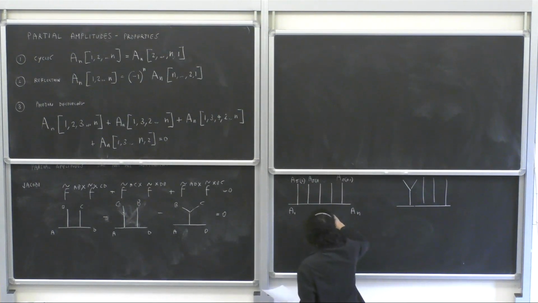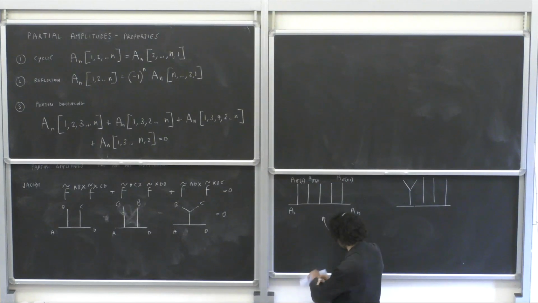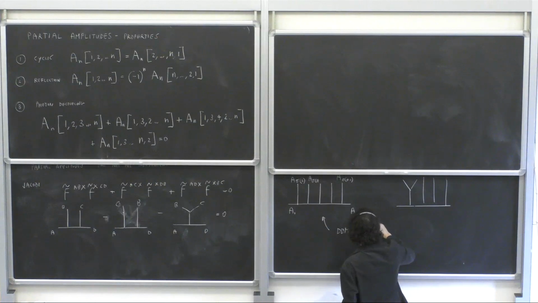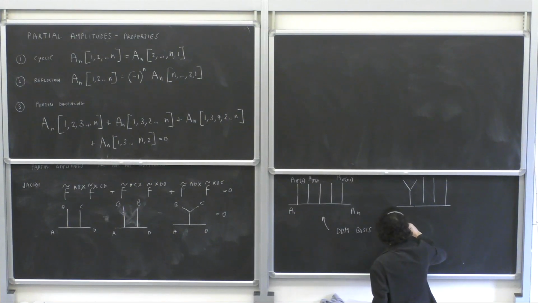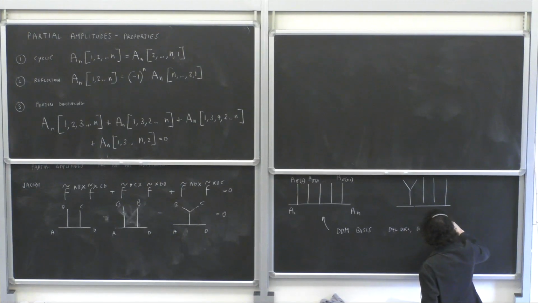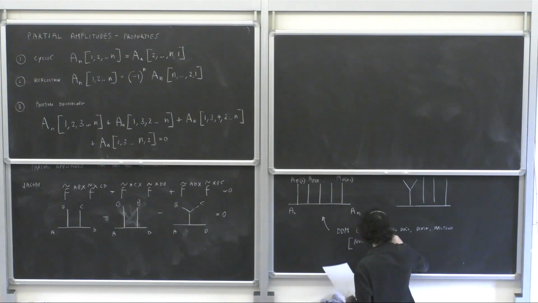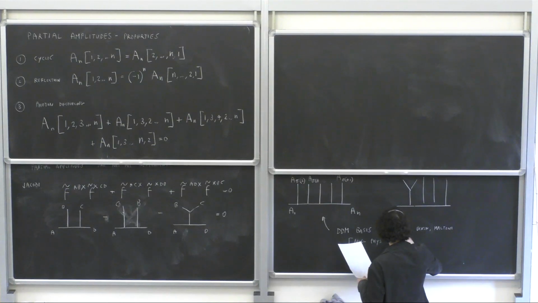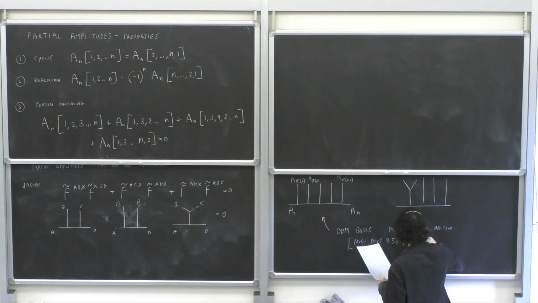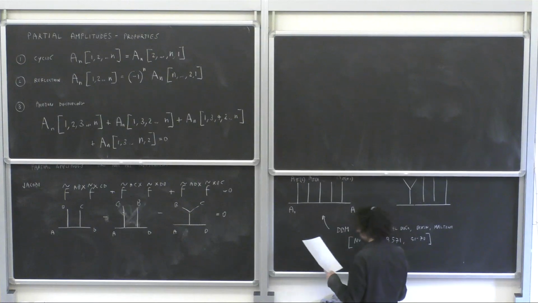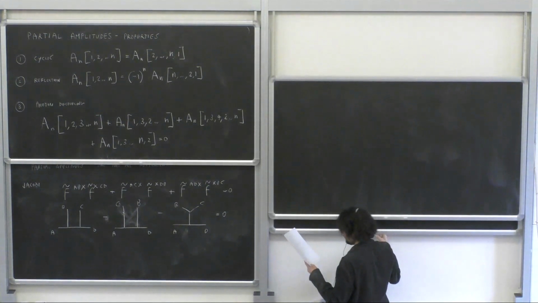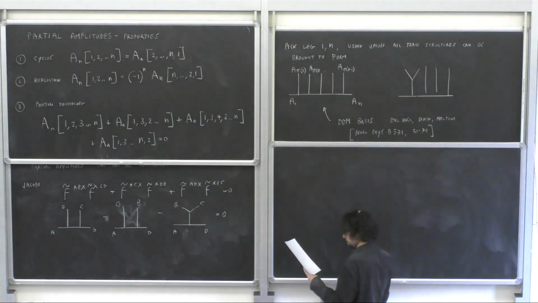This has a name, and this is called the DDM basis, after Del Duca, Dixon, Maltoni. Okay, very good.